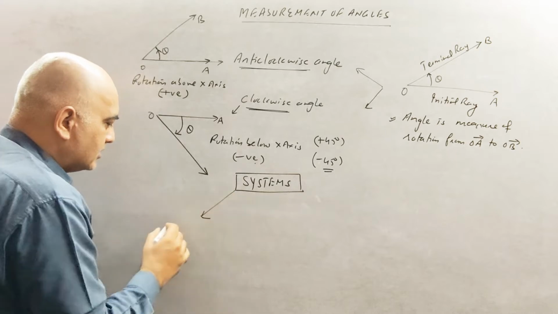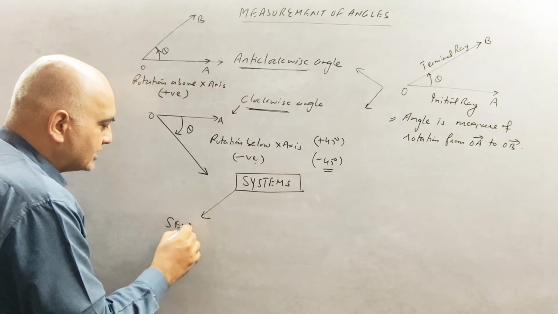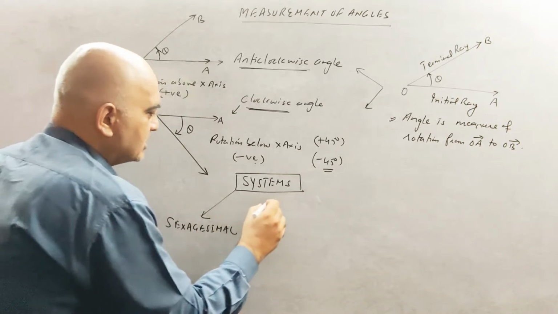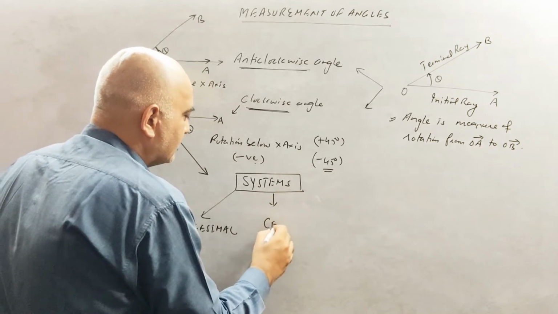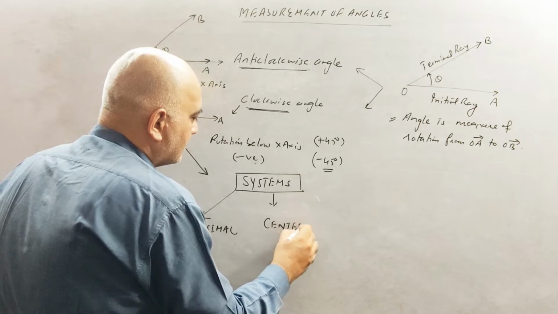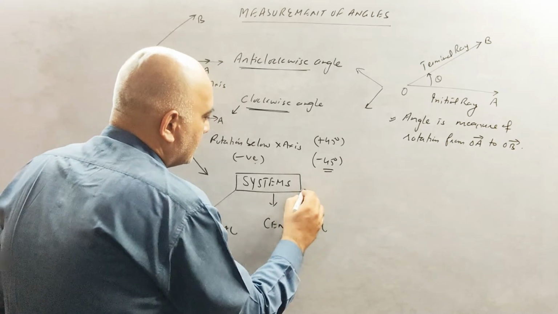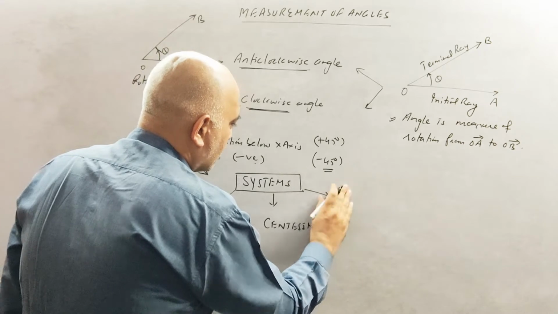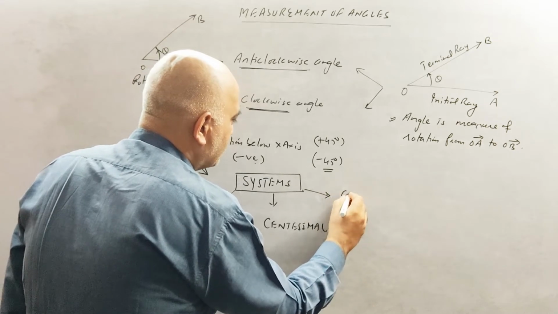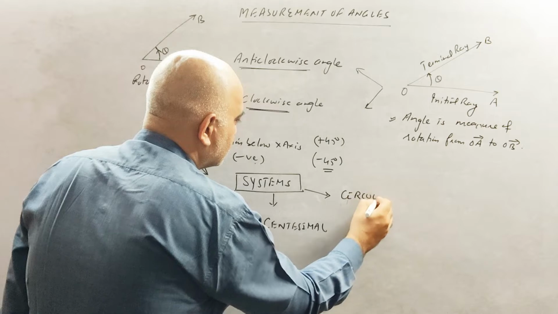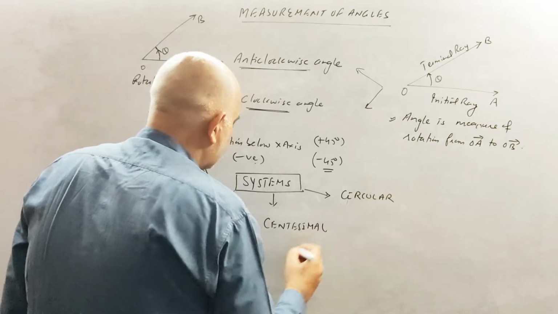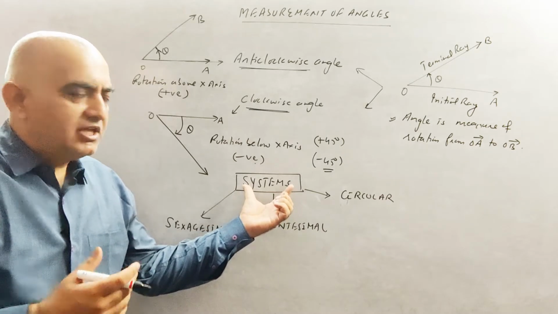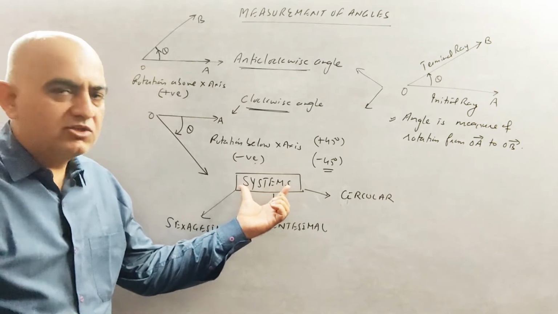First is sexagesimal, second is centesimal, and third is radian, or you can say circular measurement.